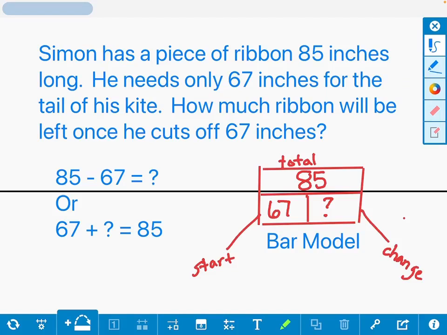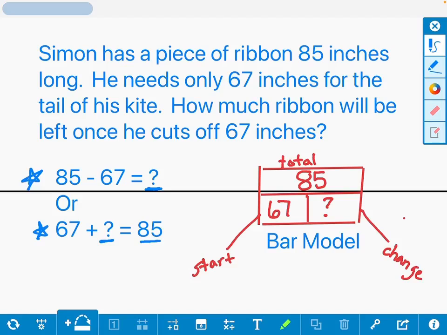We could look at this as 85 minus 67 and get the answer by using subtraction, or we could flip it around into an addition problem and count up. We could say 67 plus some unknown number will get us to 85. So those are a couple different equations that you could use to solve this problem.